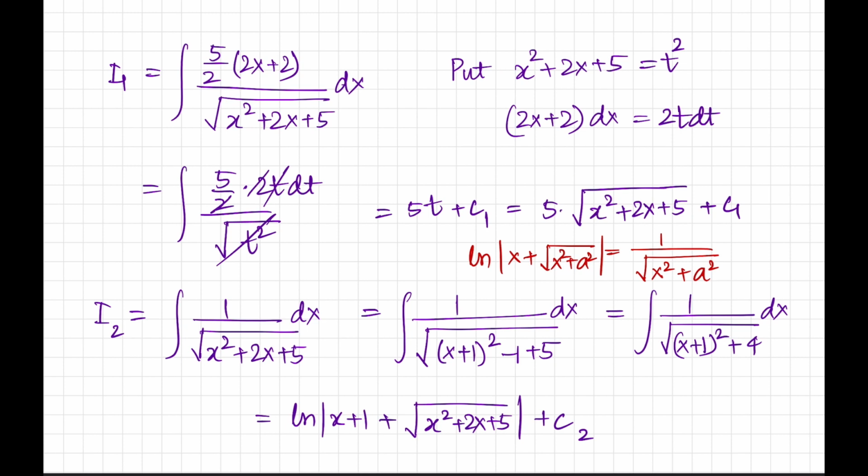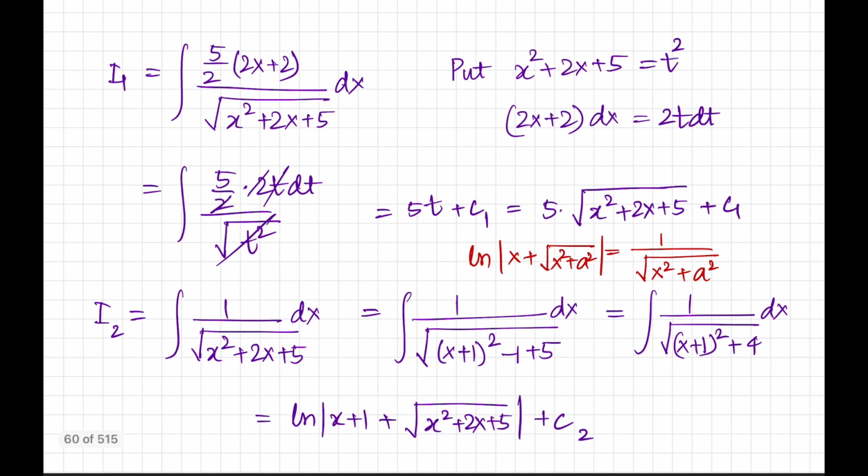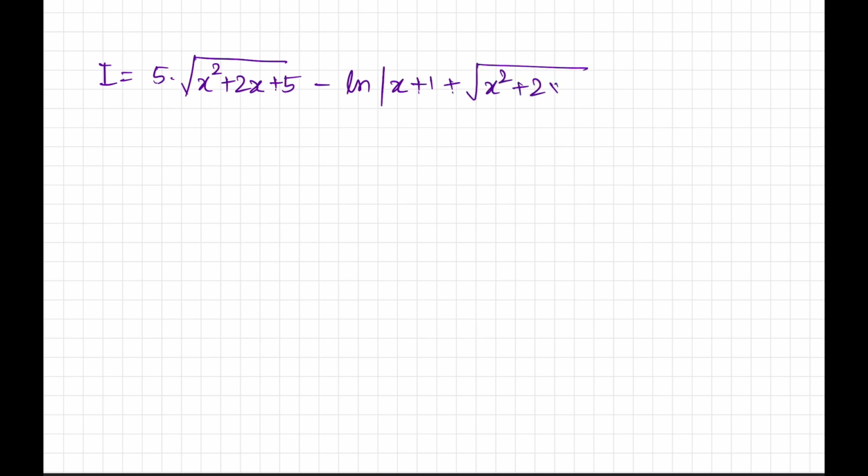So if we now put the value of I1 and I2 back in this equation, what we have is the final result I is equal to 5 into under root of x squared plus 2x plus 5 minus ln of modulus x plus 1 plus under root of x squared plus 2x plus 5, and the constants that we will have is plus c1 minus c2, and इन दोनों कांस्टेंट को कंबाइन करके let us write this as c.